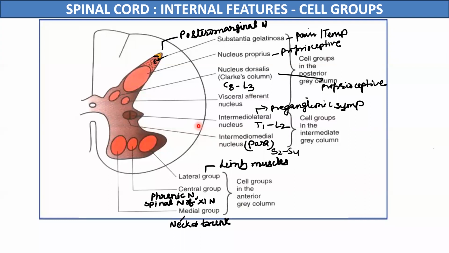In the lateral horn of the spinal cord, two groups of nuclei are present, and these are an intermediolateral group and an intermediomedial group.